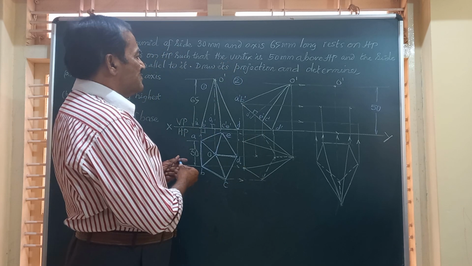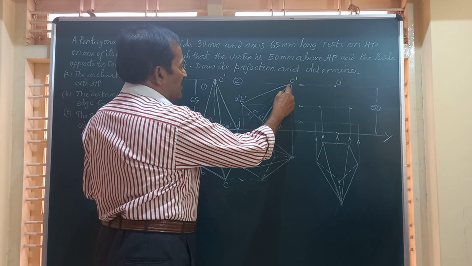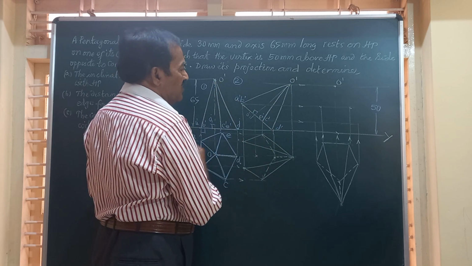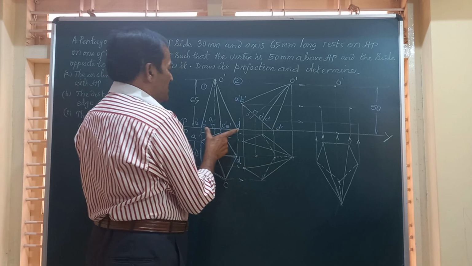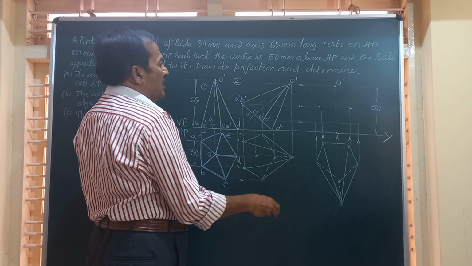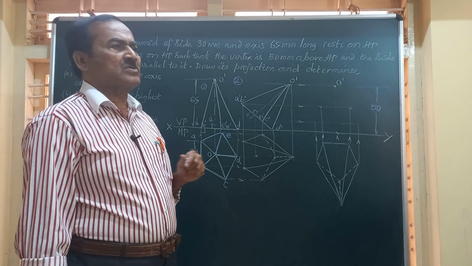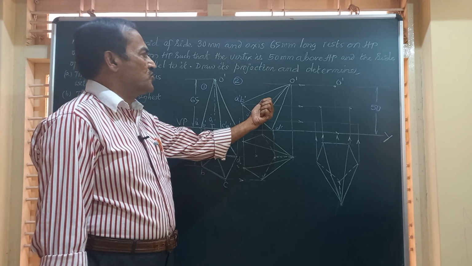So how to construct this, friends? Now we can take some point at random and draw a line of this length O dash D dash here. Get this point and you can just draw this taking the distance of the base, that is length of the base.